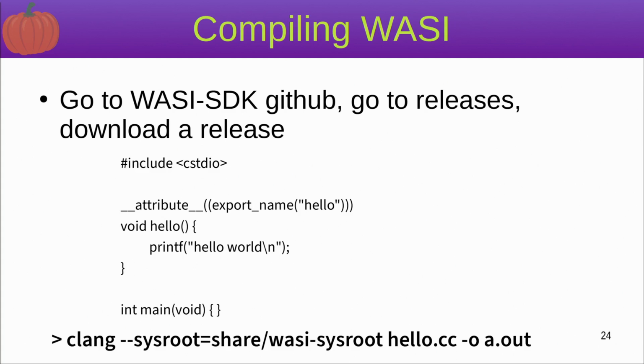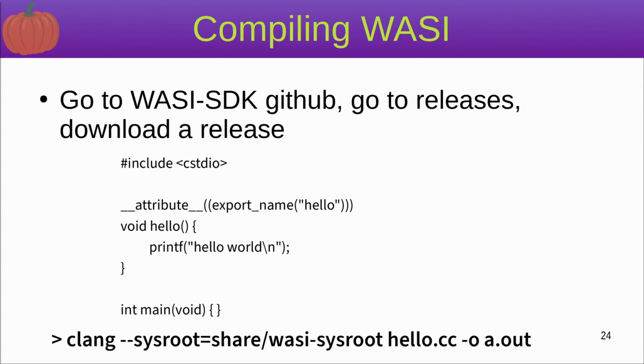So basically, if you want to compile it, you would get this WASI SDK, and Clang is the C compiler for LLVM. So you'd compile it with Clang, you'd tell it to use the WASI libraries, and then you'd say this is the file you want to compile, and you can output the WebAssembly into some a.out file.